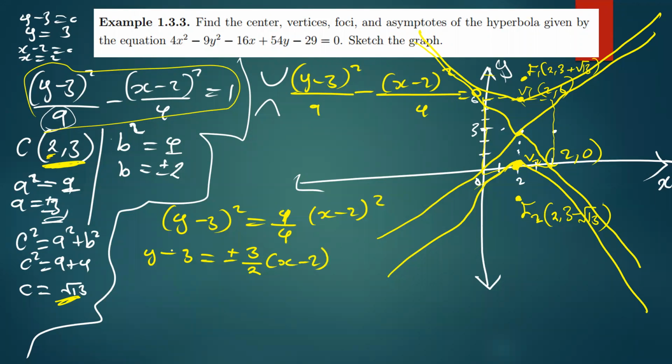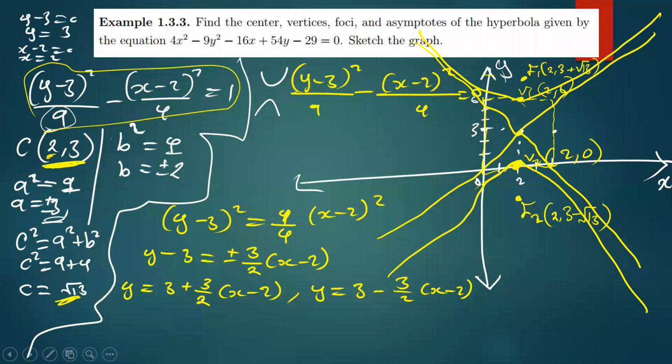So these two are going to be your equations. The first equation will be y is equal to 3 plus 3 over 2 times (x minus 2). The other equation will be y is equal to 3 minus 3 over 2 times (x minus 2). So these are the two equations of the asymptotes.